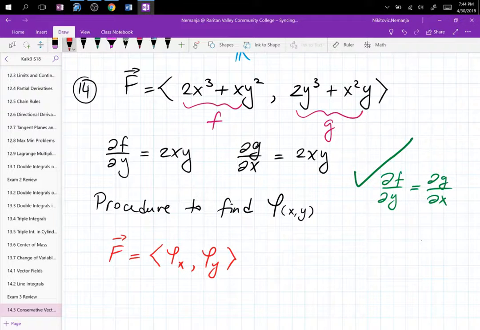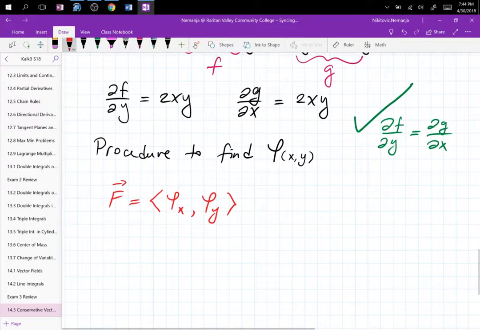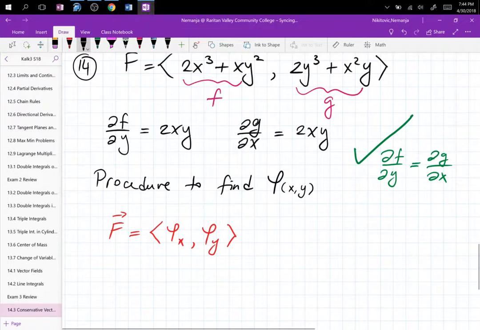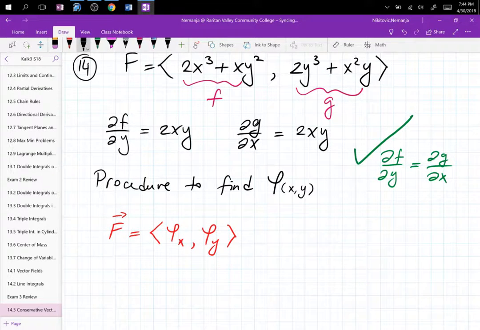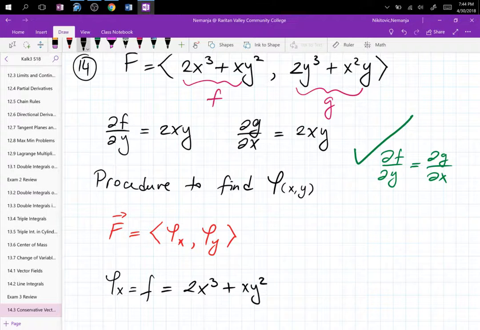Now I'm going to pick one of the two. I'm going to pick phi x, which is my f, which is 2x cubed plus x y squared.